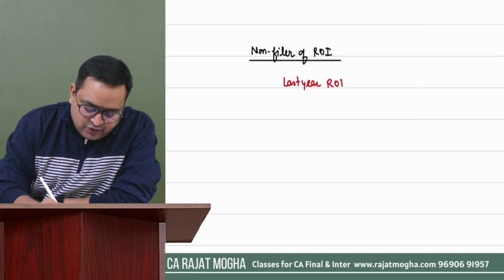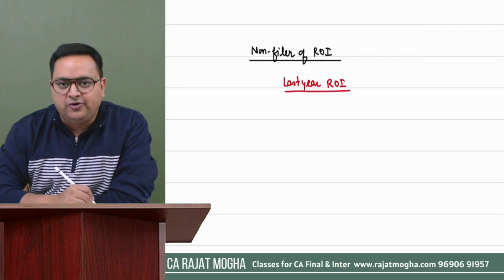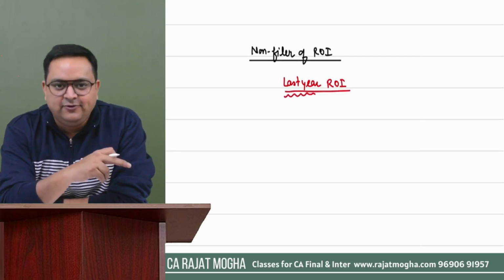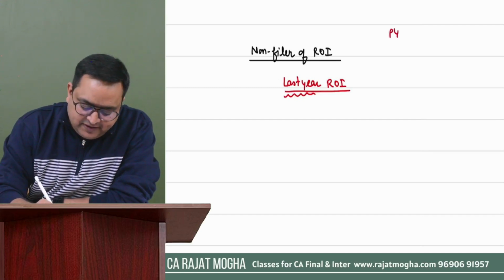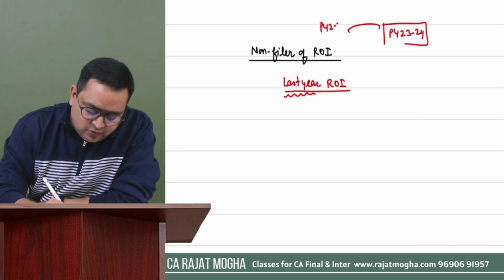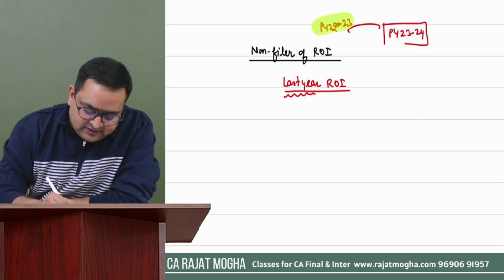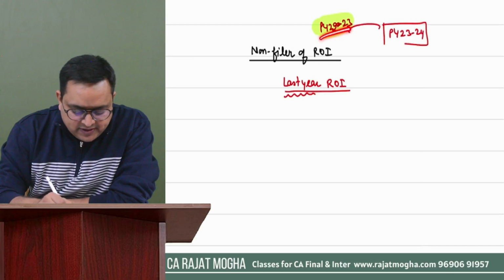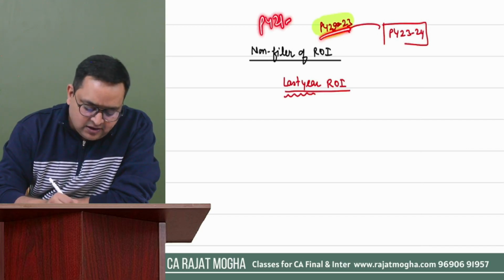We will check whether you have filed your return on time or not, for the last year whose due date has expired. So if the previous year is 23-24, the last year is ideally previous year 22-23, provided the due date of this has expired. Then you can take previous year 22-23. Otherwise, you have to take previous year 21-22.